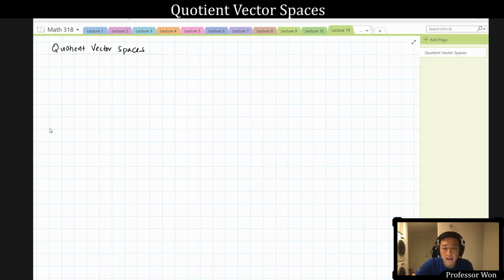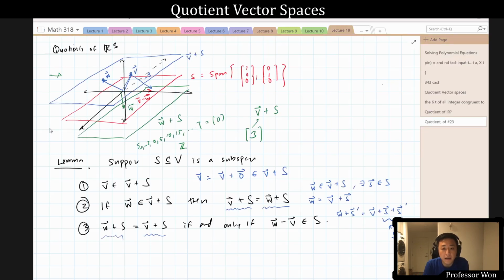Hi, welcome back. Today we're going to continue talking about quotient vector spaces. And the picture to keep in mind is the one that we ended on last time. If you take just a subspace, like that plane S through the origin, and then shift that subspace, you look at a bunch of slices of R3.